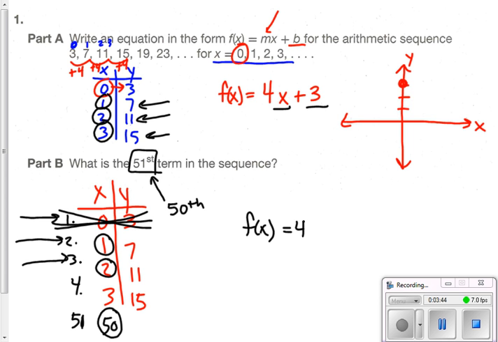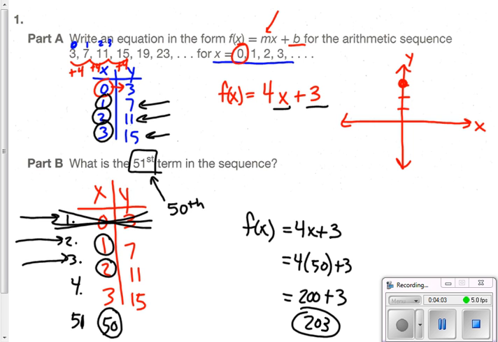I would input 50 for x. So I have 4 times 50 plus 3. And I wind up with 200 plus 3, which is 203. So the 51st term is 203.